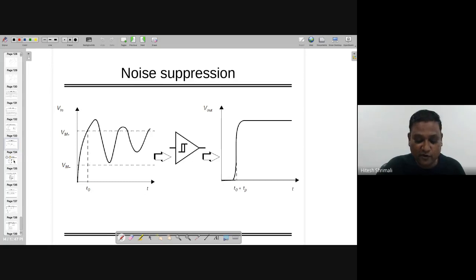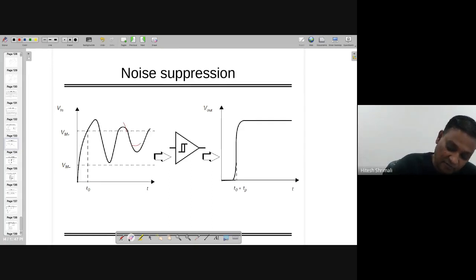As I already explained, it suppresses the noise. So if the input looks like this one, and you have two switching thresholds, Vm plus and Vm minus, unlike the case when you had only one switching threshold Vm, if it is a normal inverter, the output would have looked as follows. Let's assume that it's two inverters back to back.